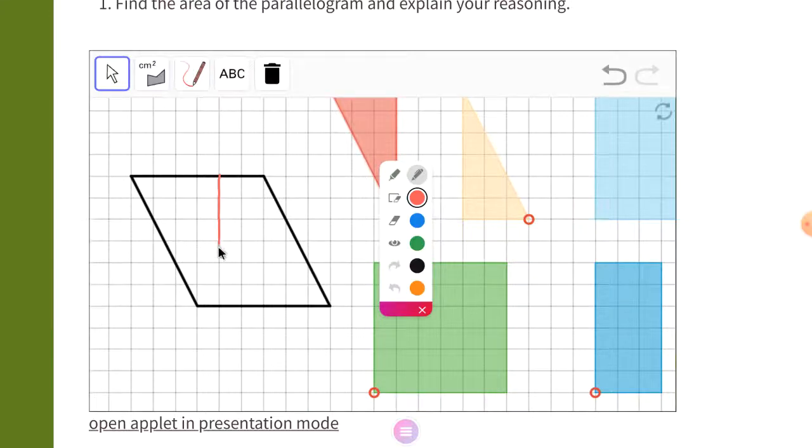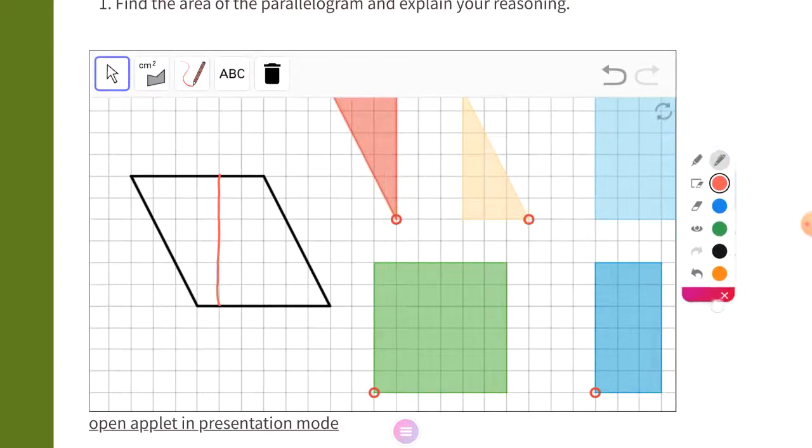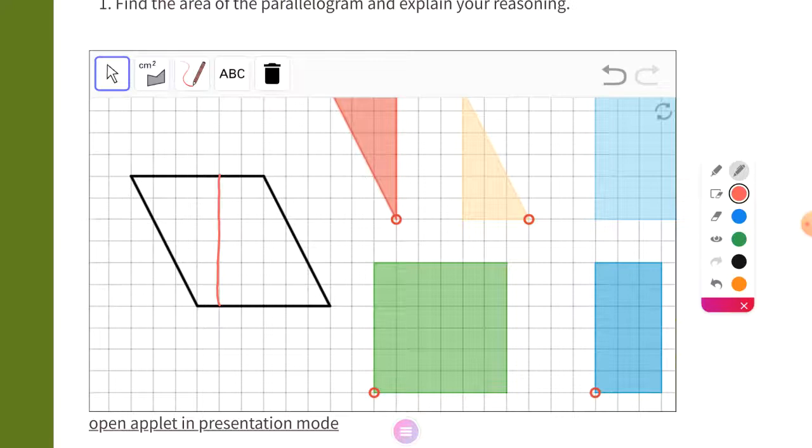If I chopped it right there and slid that over, I have to add 1, 2, 3, 4 boxes at the top. Go down, and I chopped off one full box. There's my full box. It would still be 6 by 6.